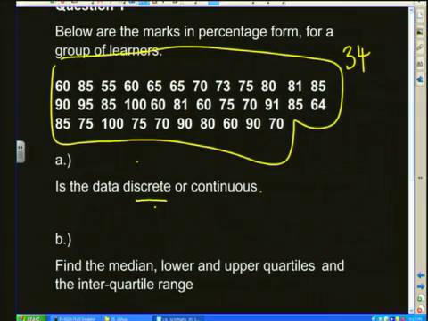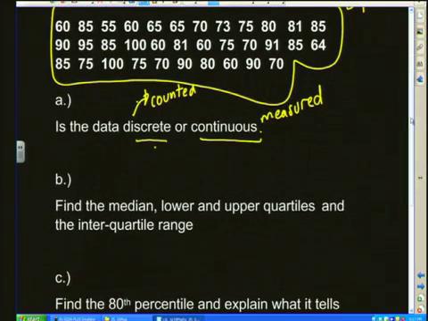Part A: is it discrete or continuous? Now remember, discrete data can be counted and continuous data has to be measured. So here we can clearly count the data, so our answer here will be discrete data.